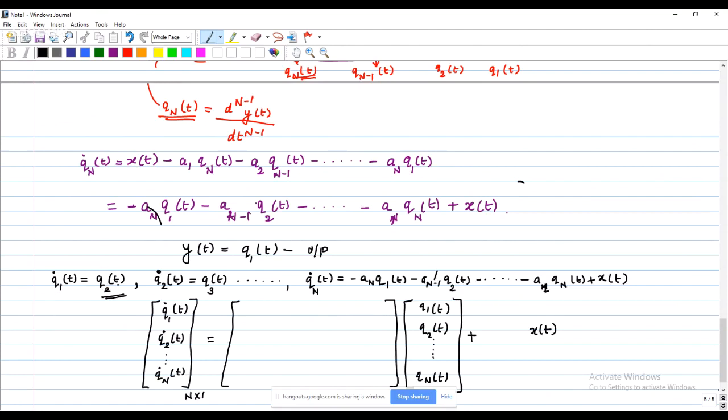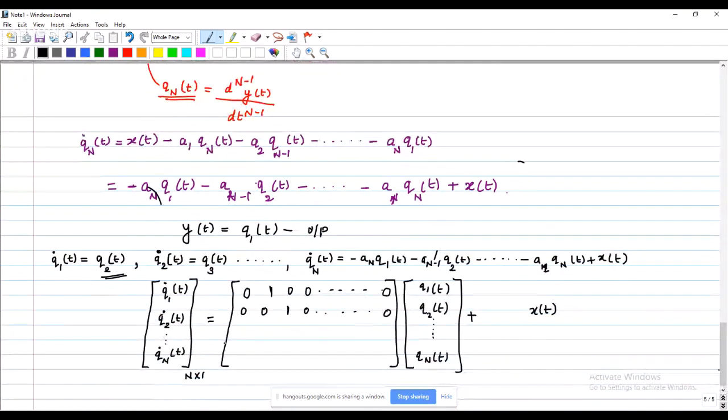Let us check here. Q1 dot t has only one variable, q2. So q1 is not present, q2 is present, q3 is not there, q4 is not there. Similarly, qn is not there, right? For q2 dot t, we have only q3 present, q1 is absent, q2 is absent, q4 is absent, and rest other elements are absent. And for the final one, let us see what happens. For qn dot t, we have coefficients minus an, that is with respect to q1.